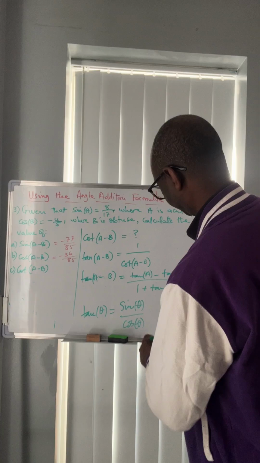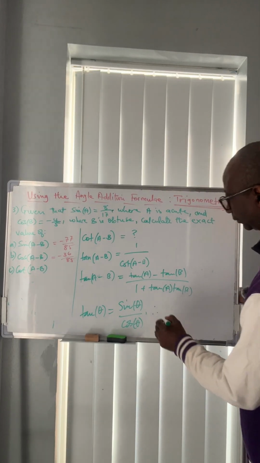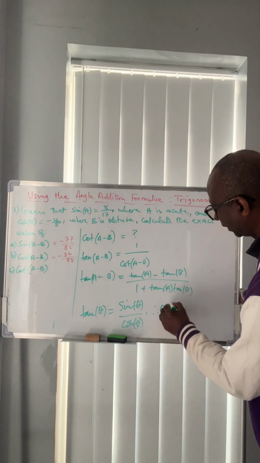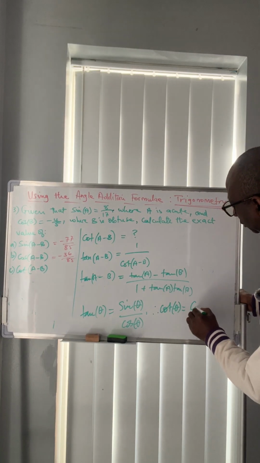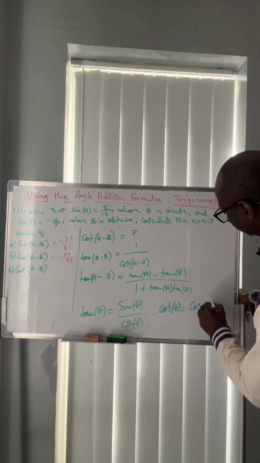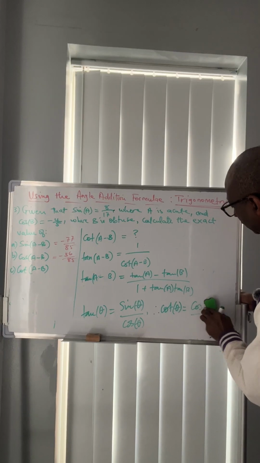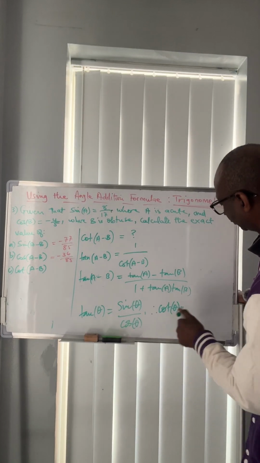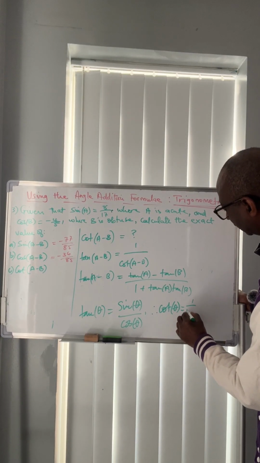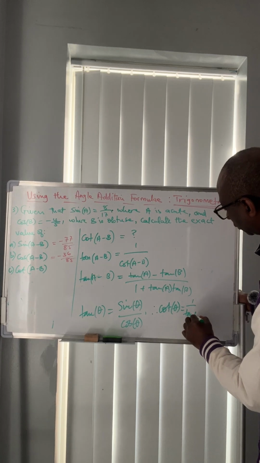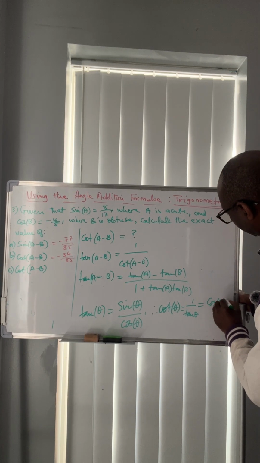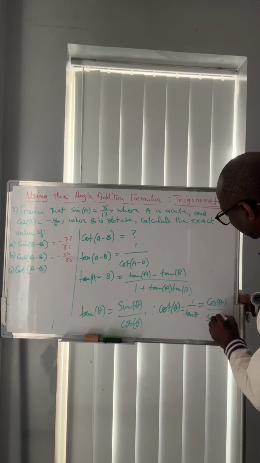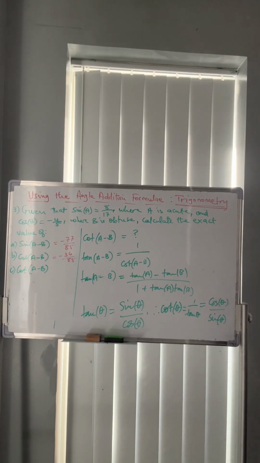Therefore, cot of theta is 1 all over the tan of theta, which is the cosine of theta all over the sine of theta.